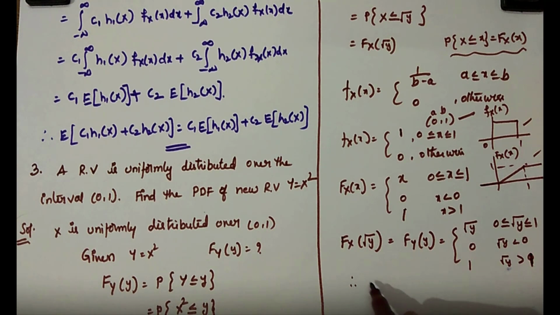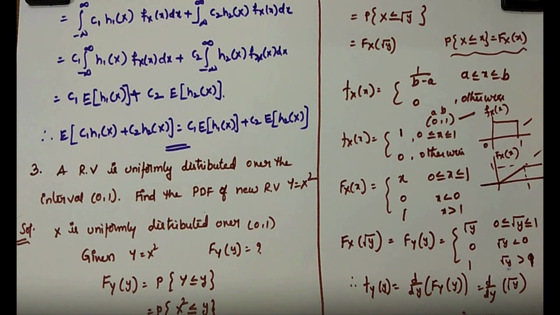Then, what is the density function? Simply it is d by dy of fy of y. D by dy of root y is 1 by 2 root y between the limits 0 less than y less than 1 and 0 otherwise.